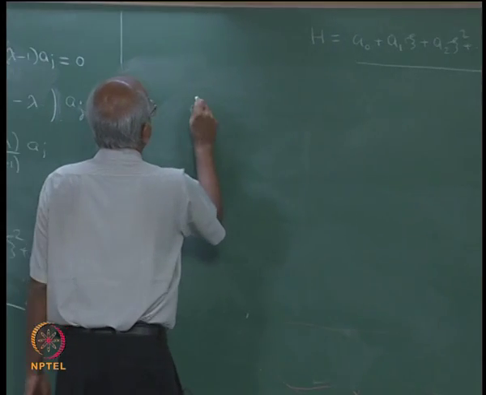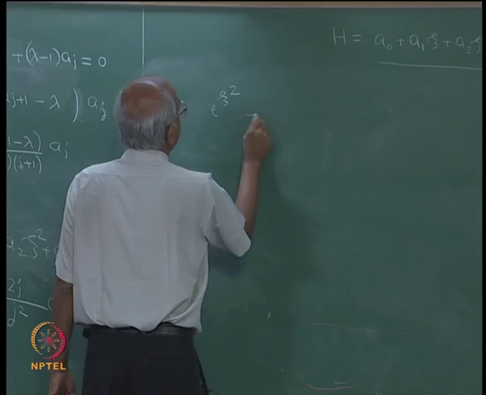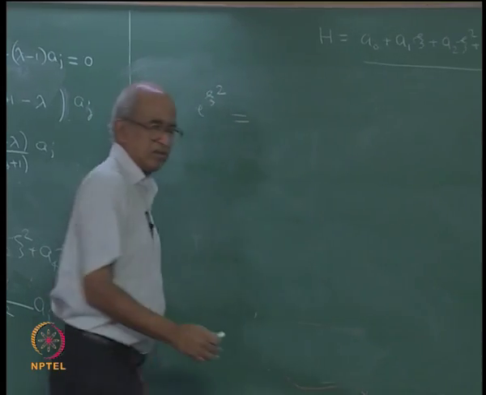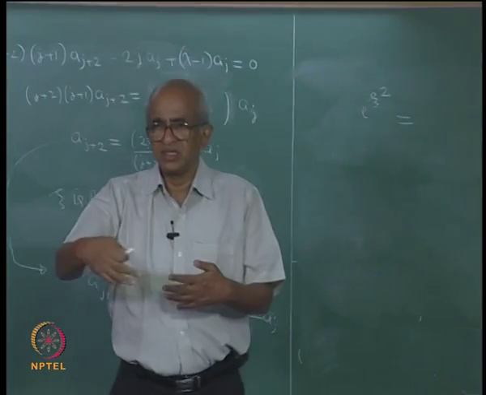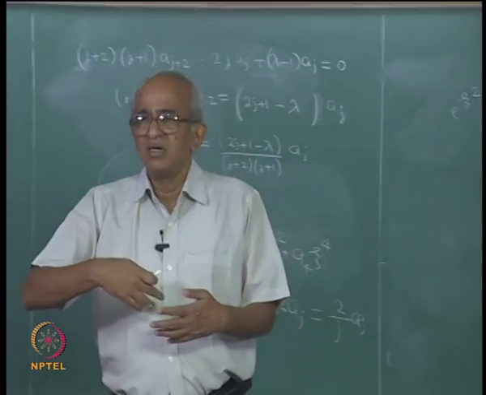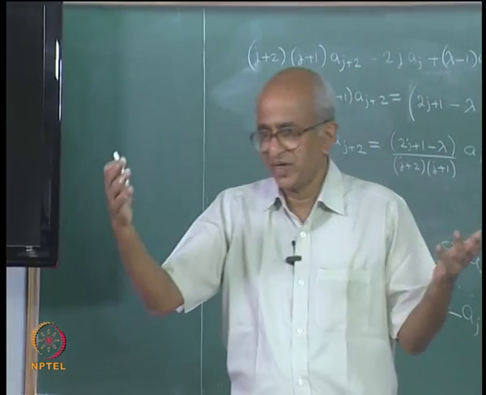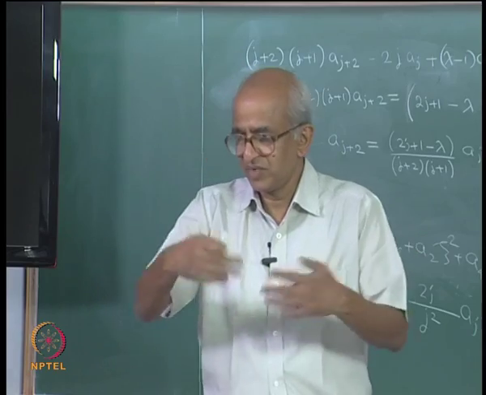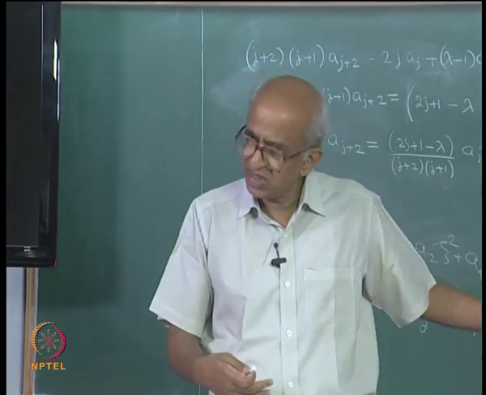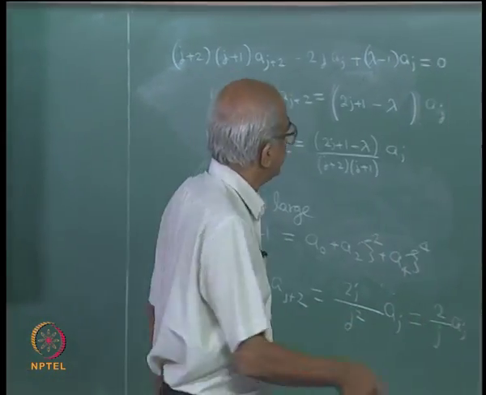So, you see, if you had e to the power of c square, you know the power series expansion for e to the power of x. e to the power of x can be written as a power series. So, similarly, e to the power of c square can also be written.